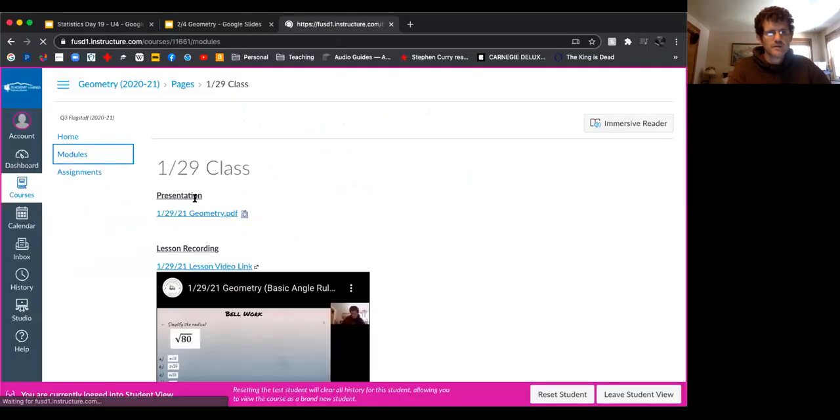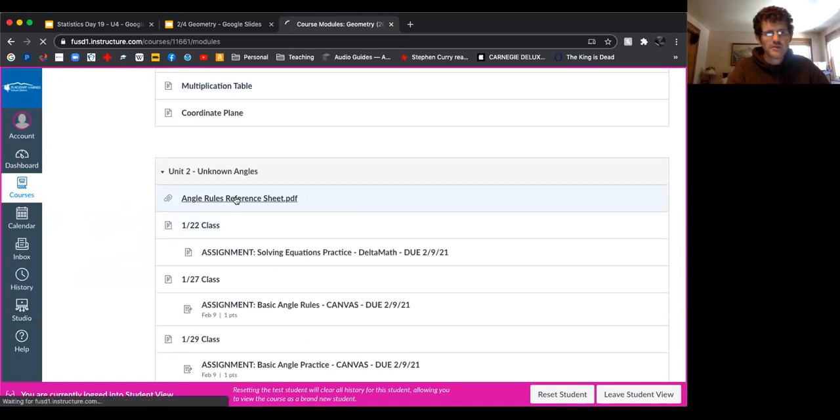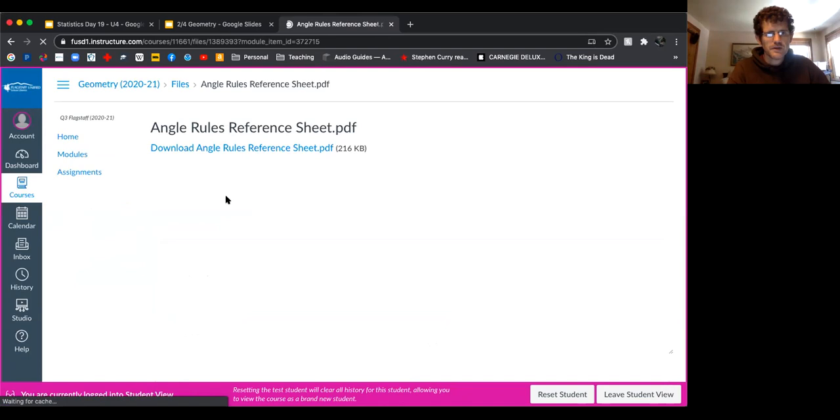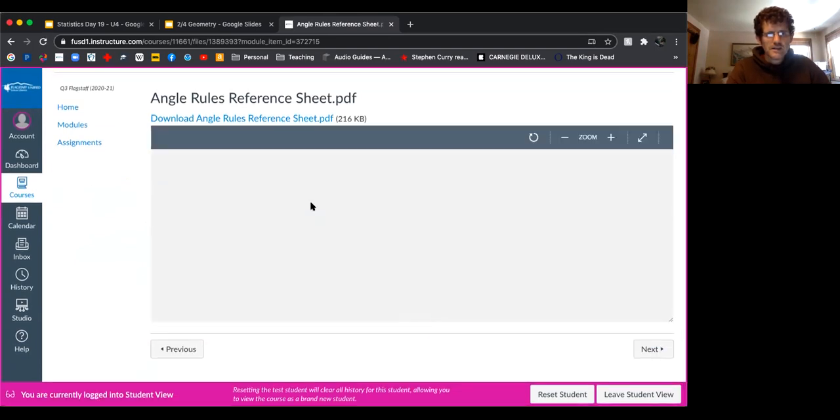And I'll go back to the angle reference sheet. This is something you're probably going to want to have available that you can quickly pull up if you need to see it.